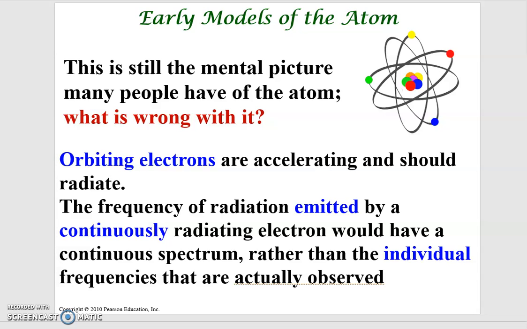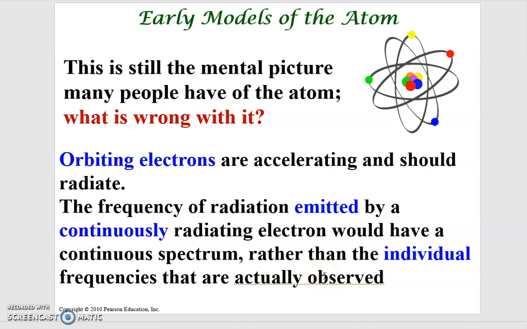Another thing is that based on the picture we just have, if the electron is orbiting around the nucleus, when it loses energy, the spectrum, the radiation emitted by the electron losing energy, should be a continuous spectrum. But in fact, what we find in nature is a discrete spectrum.